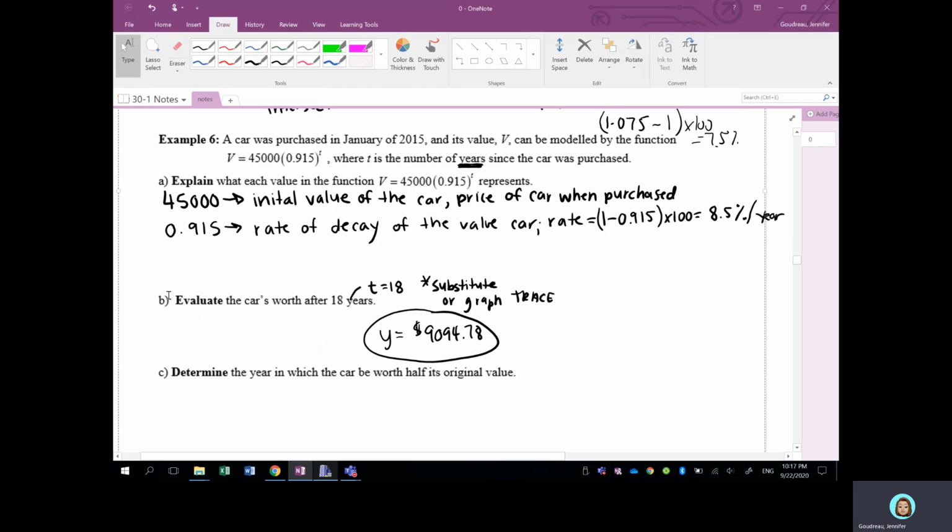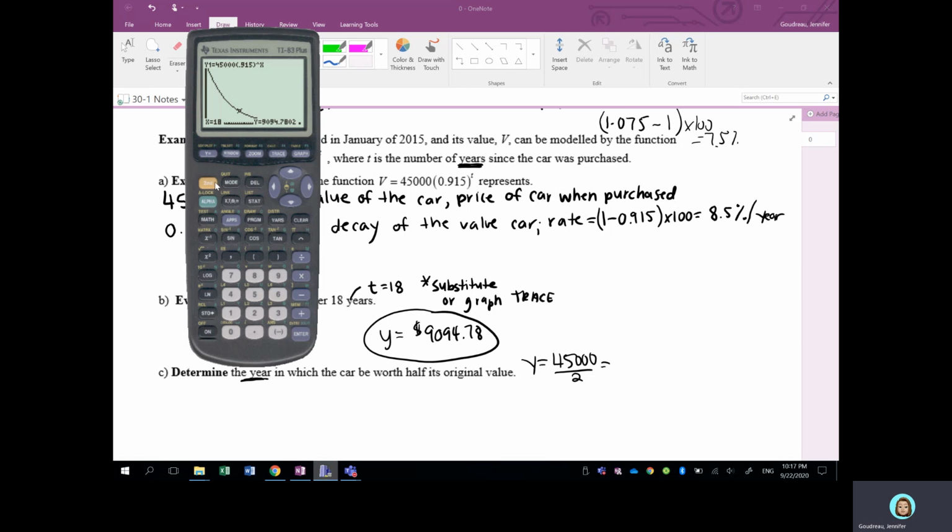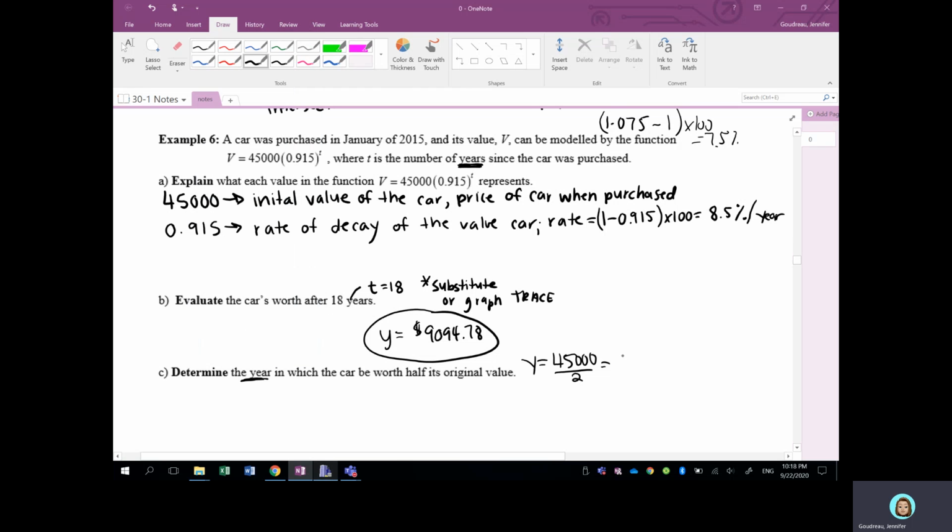Question C, determine the year. So with a time, we're looking for t, in which the car will be worth half its original value. So what we are doing is taking the original value and dividing it by 2, and that is a y value. Let's just check what that value is. 45,000 divided by 2 is going to be 22,500.